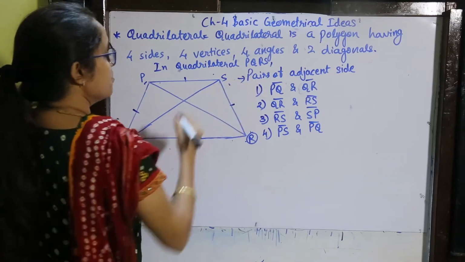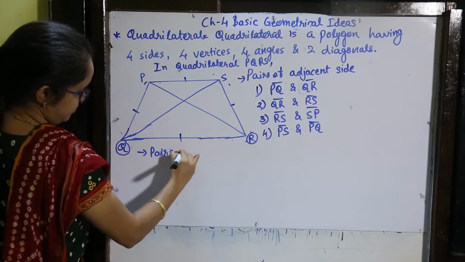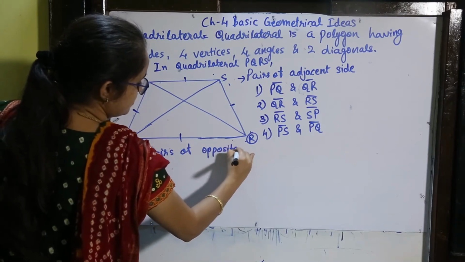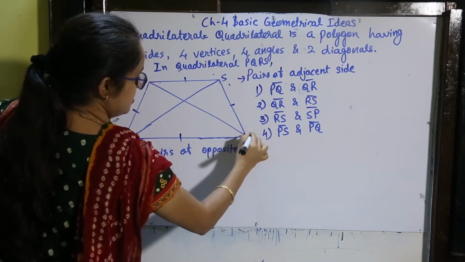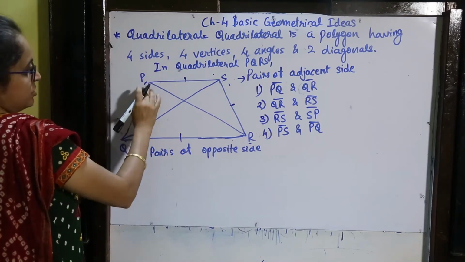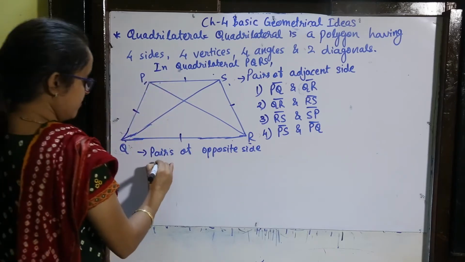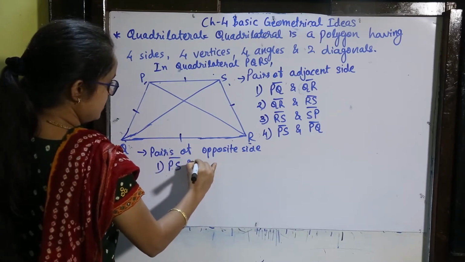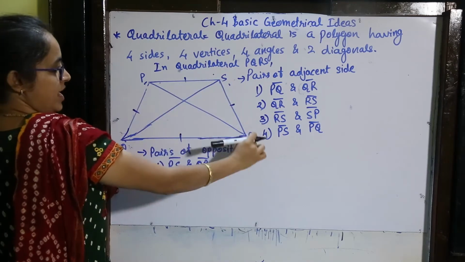Now we are talking about pairs of opposite sides. Opposite sides means those in which no vertex is common. Now you see, this PS and this are called opposite sides. So you can say one pair is line segment PS and line segment QR, and another pair is PQ and RS.